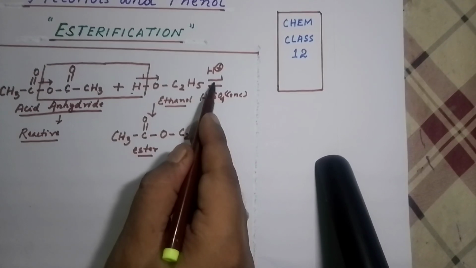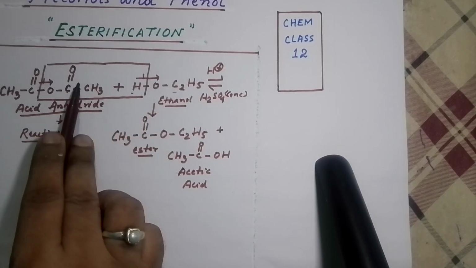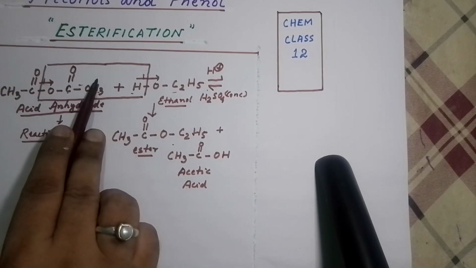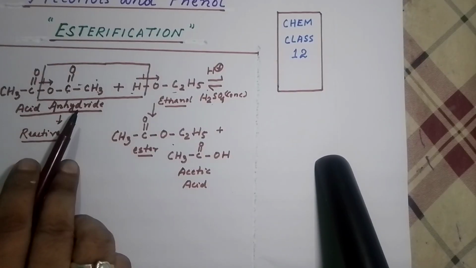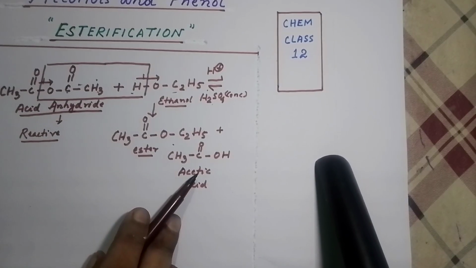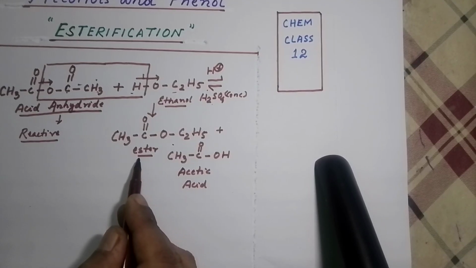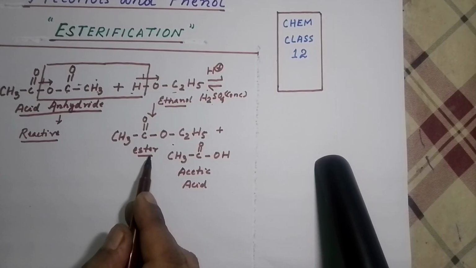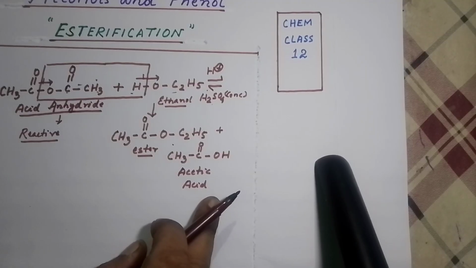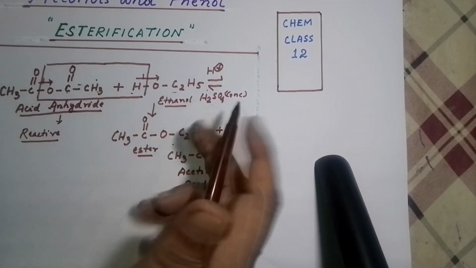When we react, it has an equilibrium, meaning the formation of the product as well as the reactant, the reverse, will be equal. And according to Le Chatelier's principle, what do we do? We have to sacrifice one of the products which is the weaker one. Our interest is to get the ester, we don't want acetic acid. So our motivation is to get the ester.